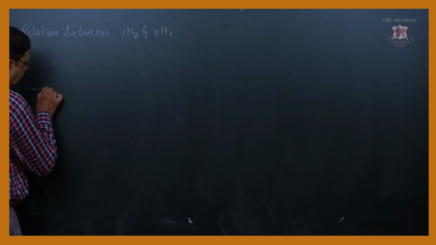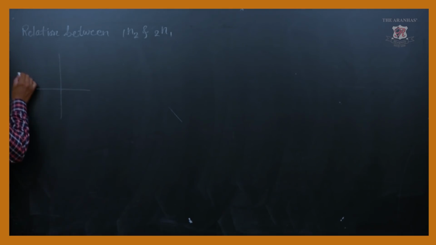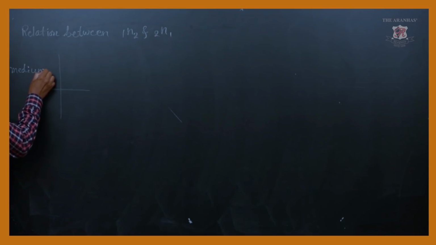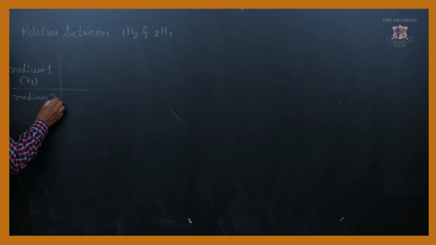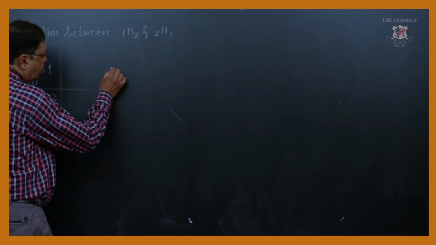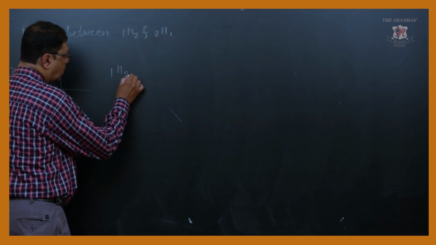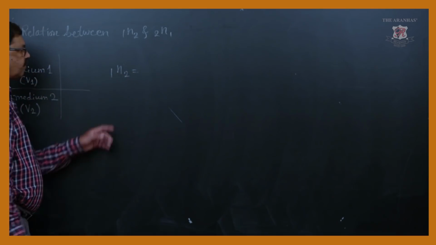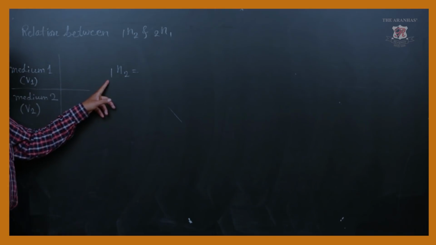I am assuming that this is medium 1 in which speed of light is v1. This is medium 2 in which speed of light is v2. How will you write 1n2? That is the refractive index of second medium with respect to first.